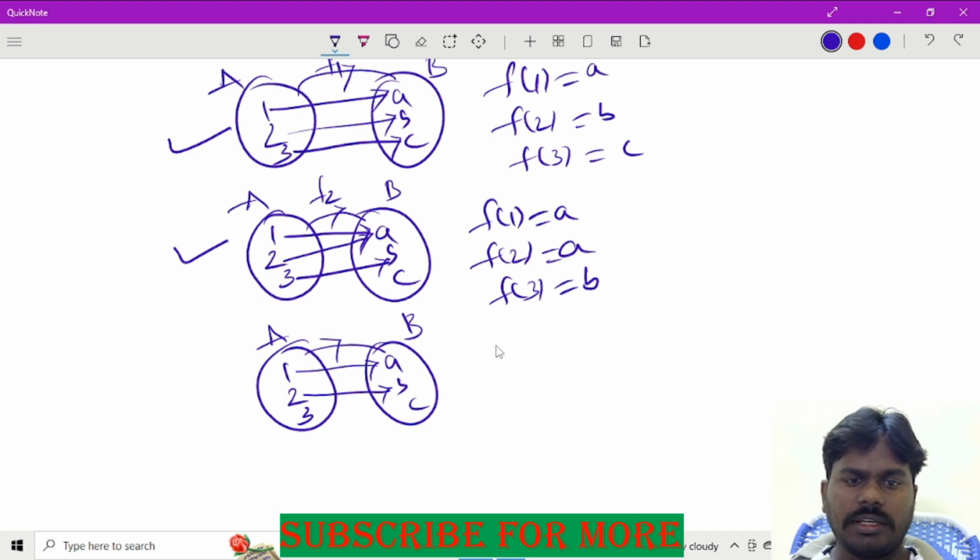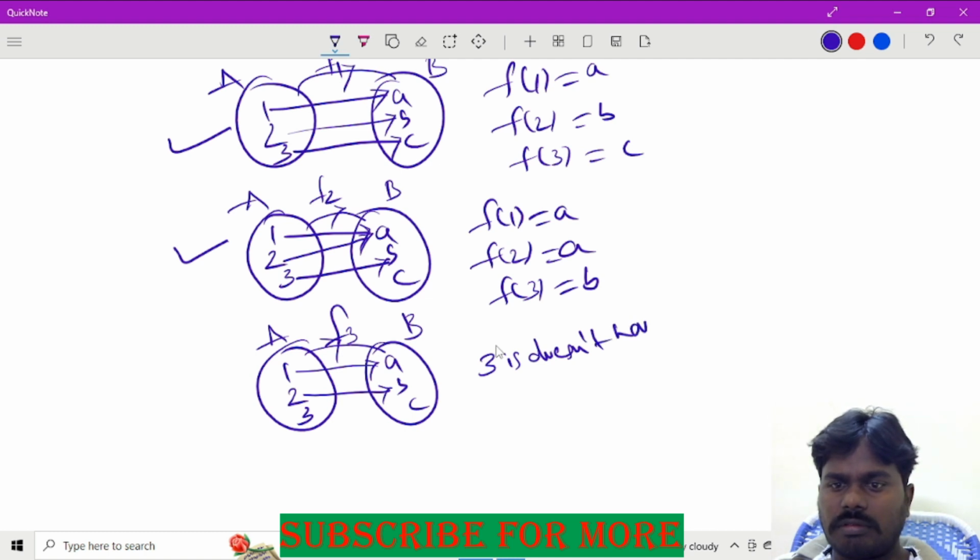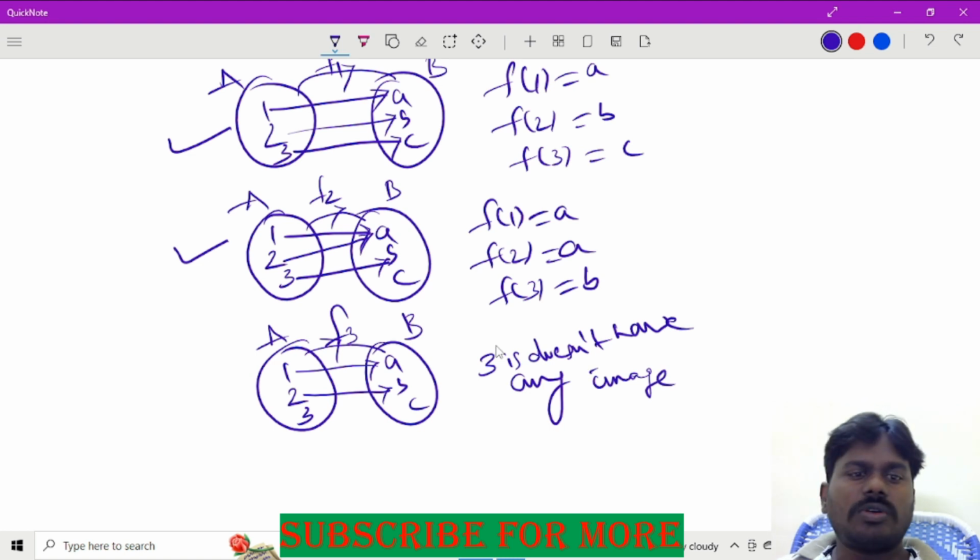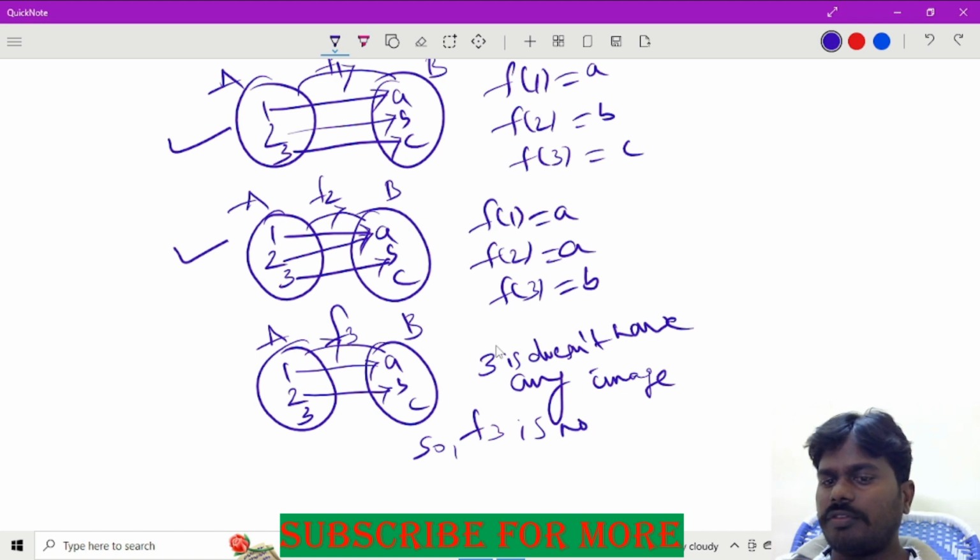So whether this type of relation is a function means no, because the element 3 in A is not mapped with any element in B. That means the element 3 in set A doesn't have any image. So this is not a function. f3 is not a function.